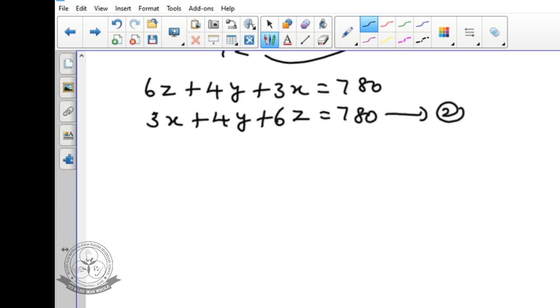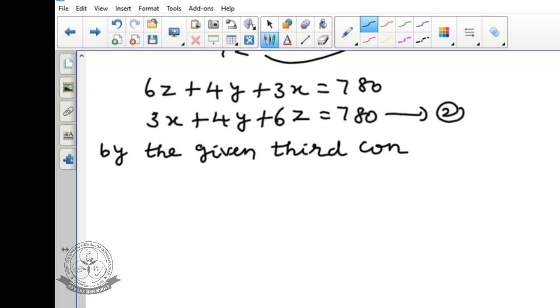Next, by the given third condition: 4 years ago. 4 years ago means we have to use minus 4.